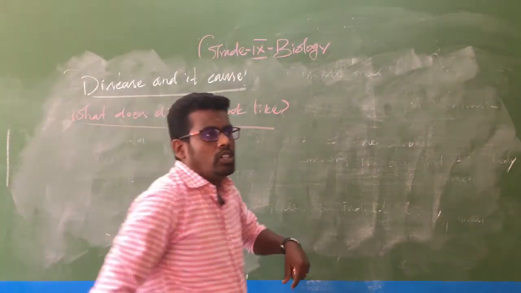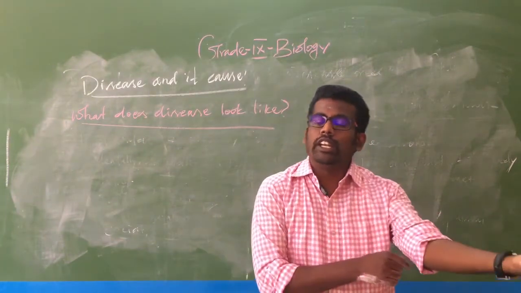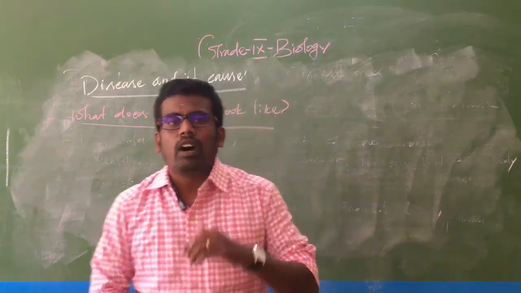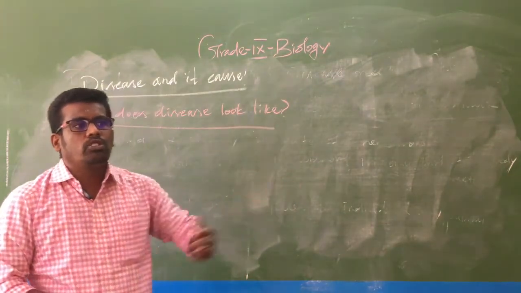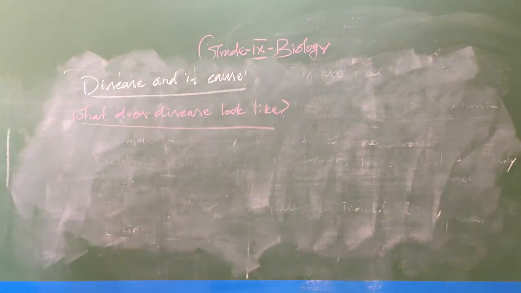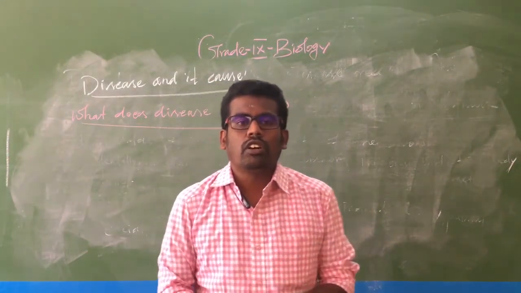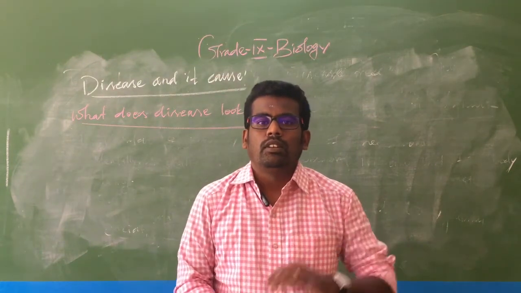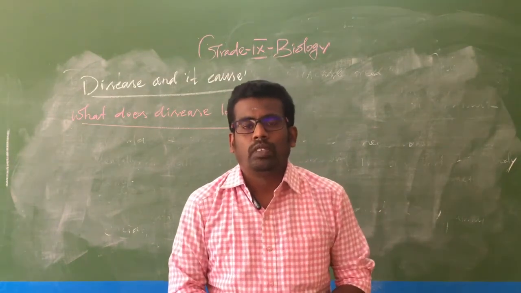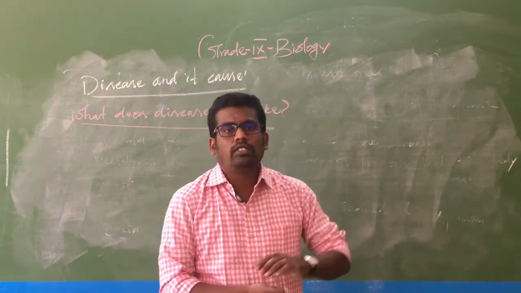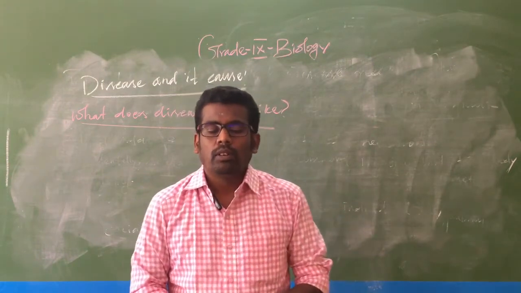Is it possible to see diseases, any type of disease, whether bacterial or viral? No, we cannot see any type of disease. Then how will you identify a person falling sick? The function of organs becomes slow. There is a problem in the function of organs, so the organs cannot perform properly.